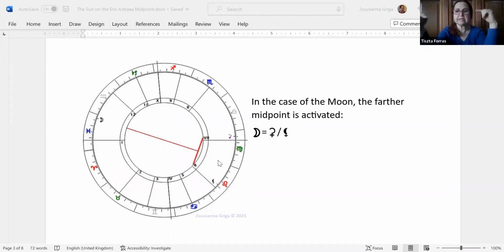A circle always has two direct midpoints. And actually, because it's not a circle, but a sphere, you have two other direct midpoints, which look like indirect midpoints because they kind of fall beside the planet itself. So here is another direct midpoint, but farther from the moon itself.